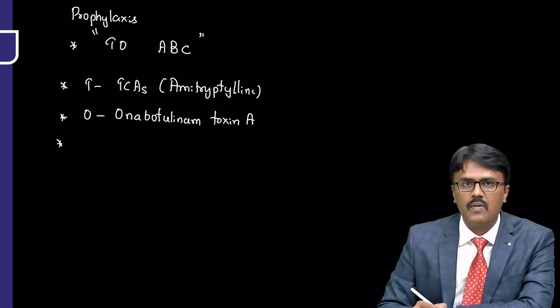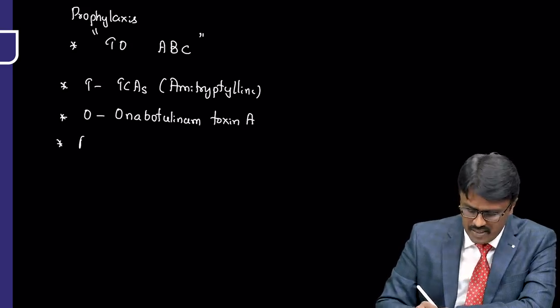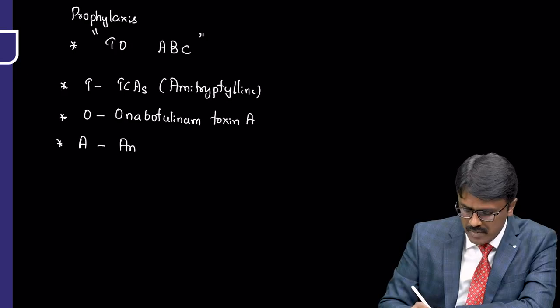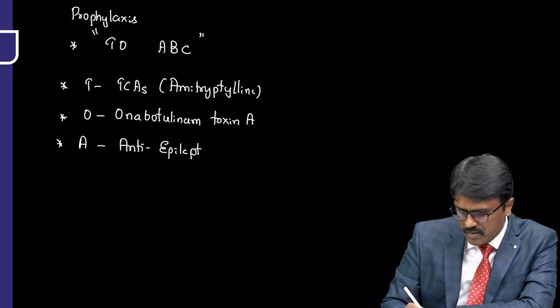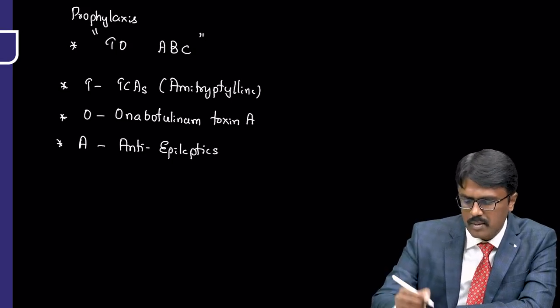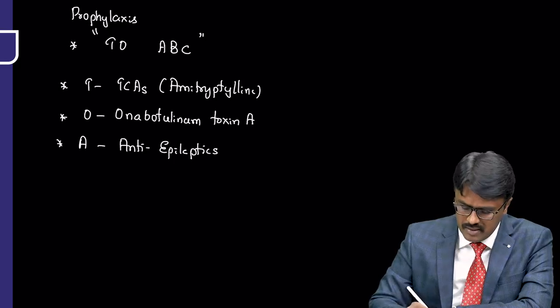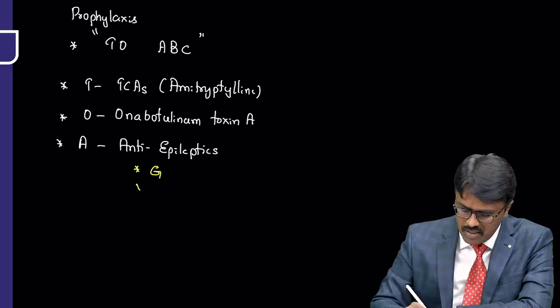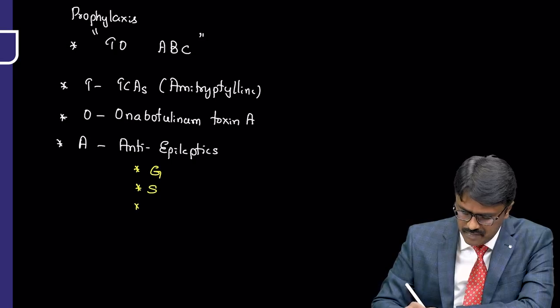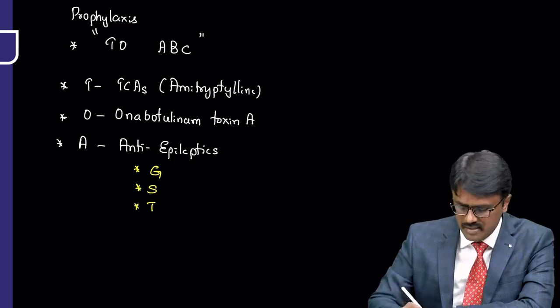Then we have A. What is that? A stands for the anti-epileptics. So we also use anti-epileptic drugs for the management of migraine prophylaxis. You can remember by the mnemonic GST drugs. What are these GST drugs?